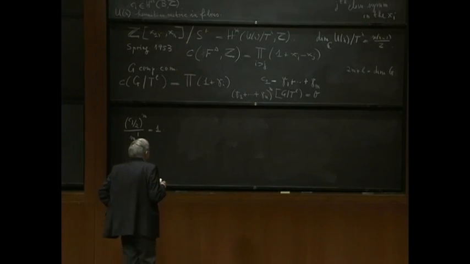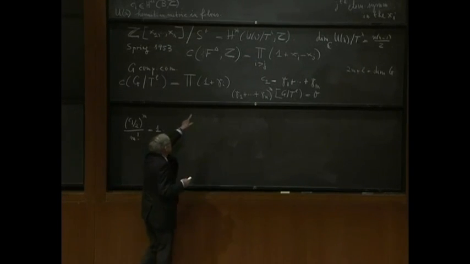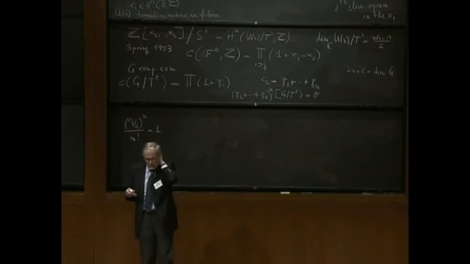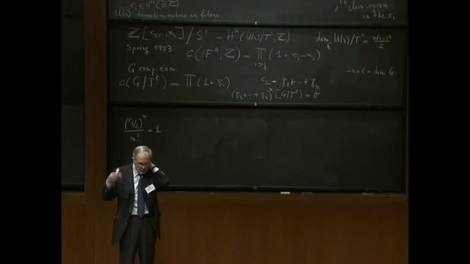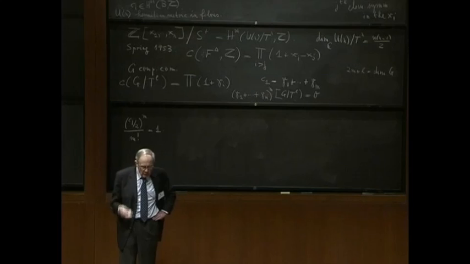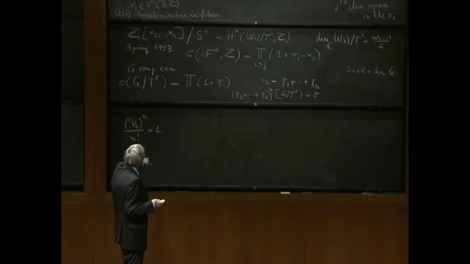And if the total Chern class is written as a product of linear terms, then the Pontryagin classes are the elementary symmetric functions in the squares of these roots. And the Weyl group operates by permuting the roots and introducing certain signs. But for the elementary symmetric functions of the squares, it is obviously so that these are invariant under the Weyl group.